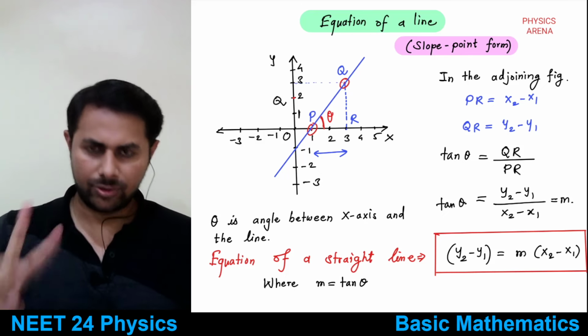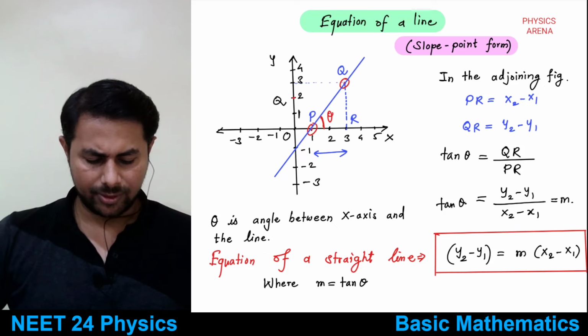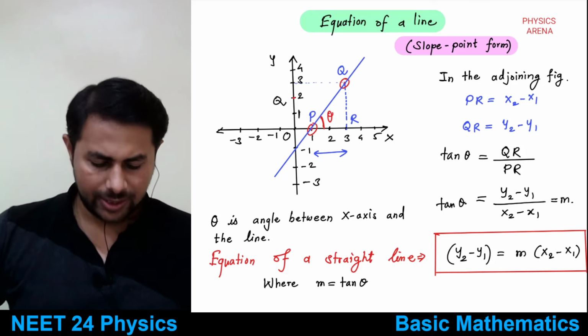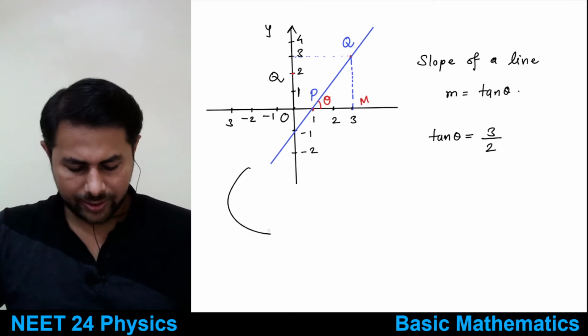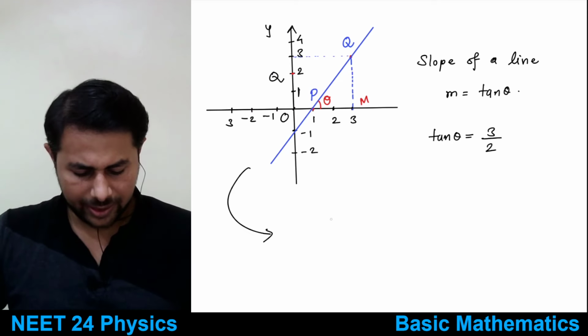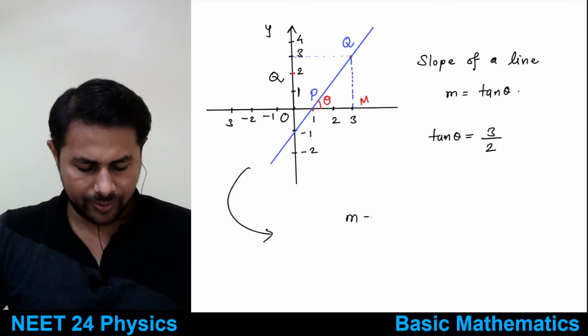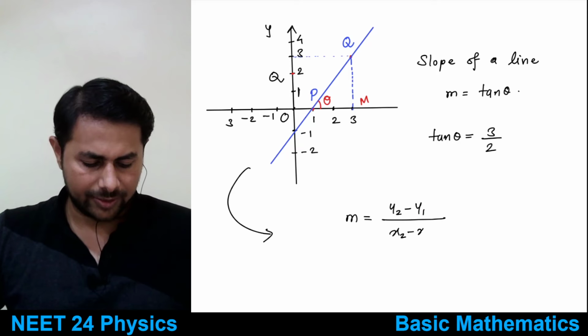Sorry, you need to know 2 points and the slope. So where does that equation come from? From here itself I can say the slope m is equal to y2 minus y1 divided by x2 minus x1.